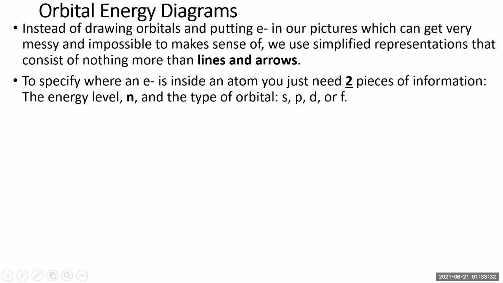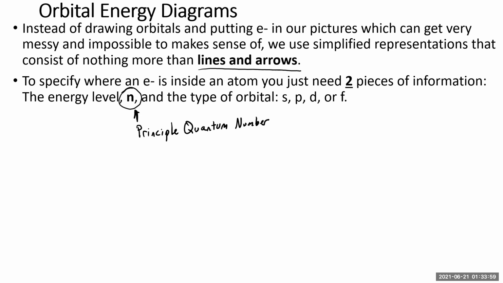So here I just described what I just did. We're going to represent orbitals as lines and electrons as arrows. The only thing we're going to need to know for every one of these orbitals is the energy level n. Remember, n was called the principal quantum number. Most of the time, we're just going to refer to it as energy level.